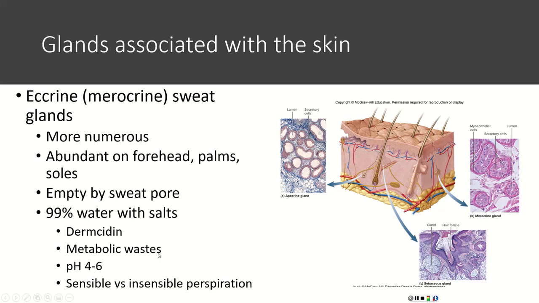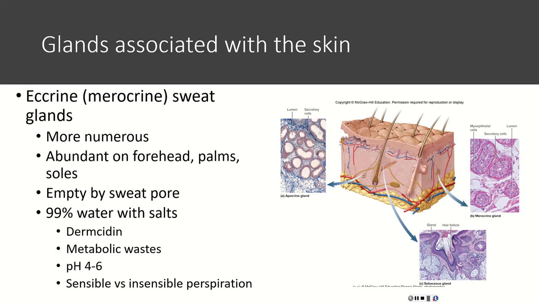Now, sweat is not really there to get rid of waste, but there will be some nitrogenous wastes, like ammonia or uric acid. We also see a very low pH, pH 4 to 6, so that's acidic. That contributes to that acid mantle that we talked about before.